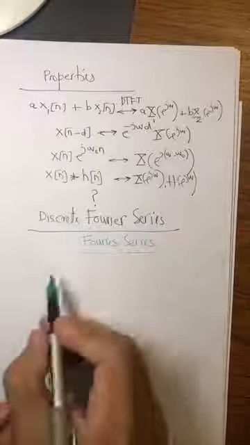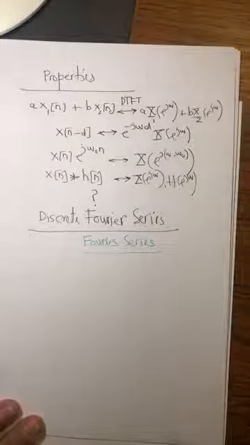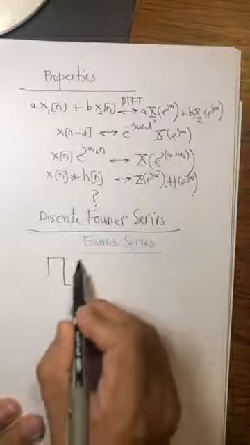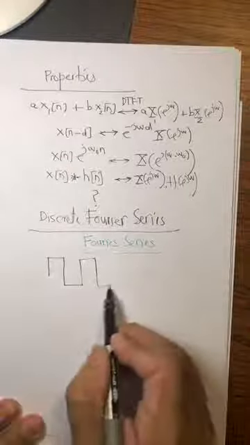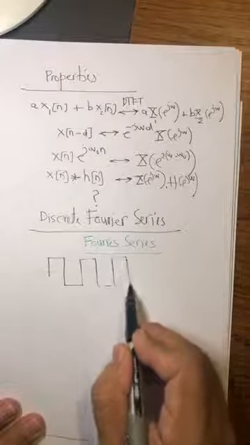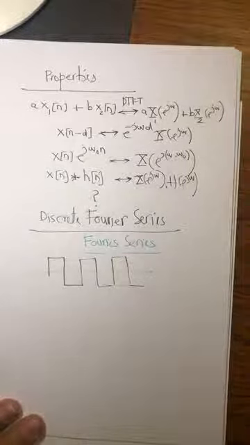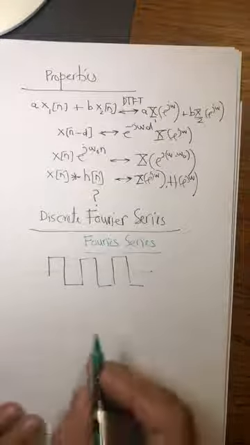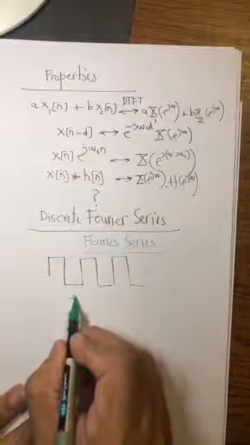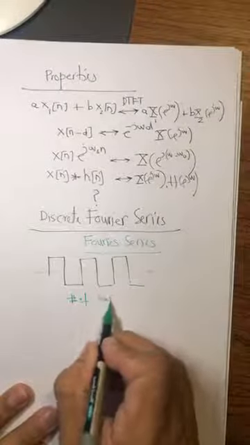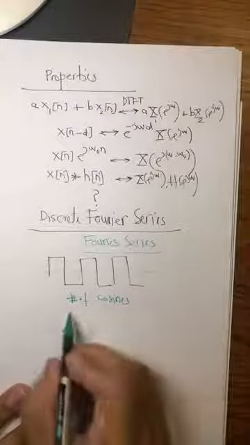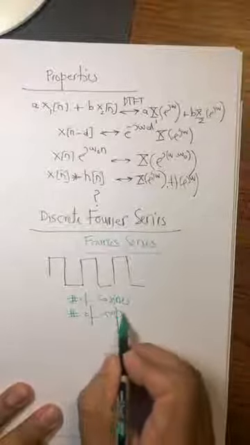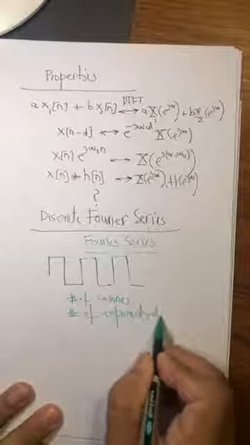Fourier series says that if there is a periodic signal, the condition is that the signal has to be periodic, any periodic signal as a matter of fact. So this is a periodic signal, for example. Fourier series says any periodic signal can be split into a number of cosines, or if it is a complex periodic signal, a number of exponentials.